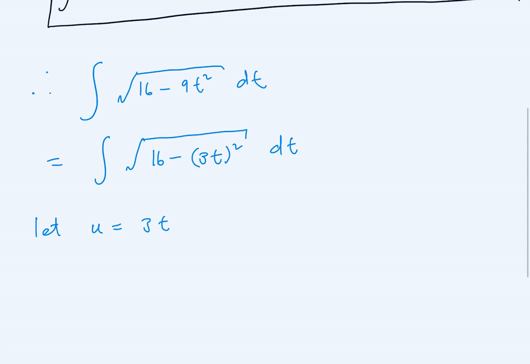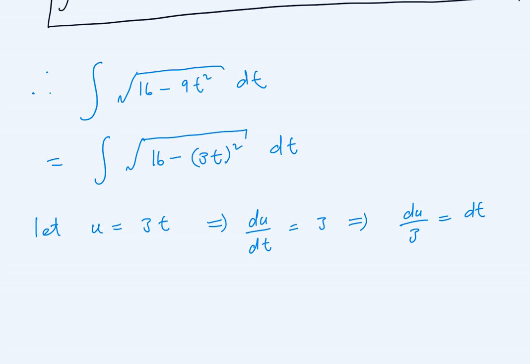The derivative of u with respect to t is equal to 3, since differentiating 3t with respect to t gives 3. If you cross multiply, you get du divided by 3 is equal to dt.